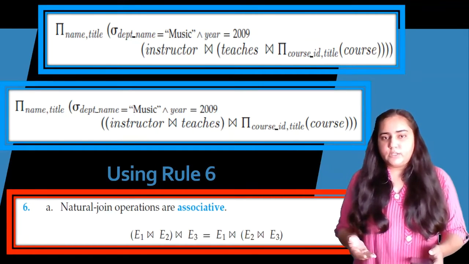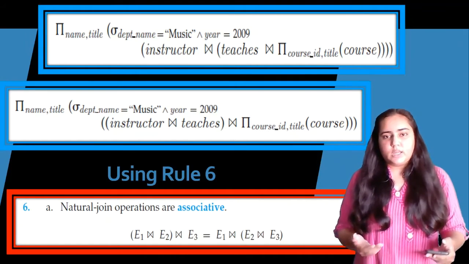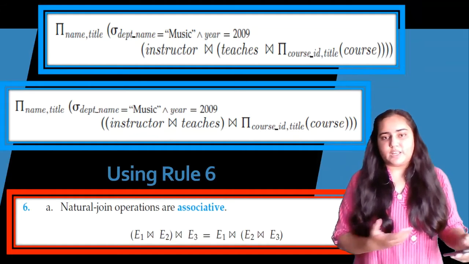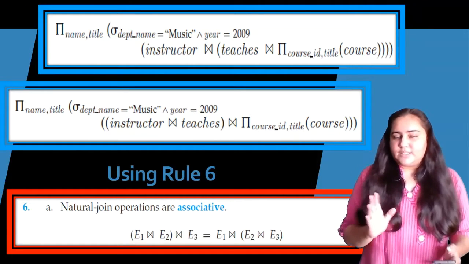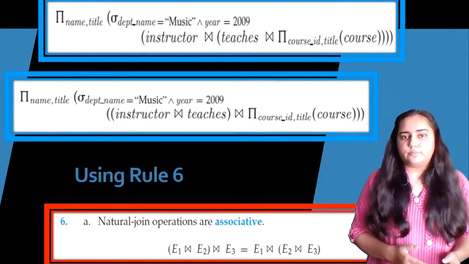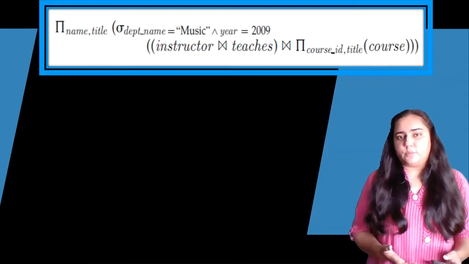Natural join of E1 with E2 first, and then the result of that with E3, is equivalent to performing E2 natural join E3 first, and then the result of that with E1. That's exactly what I've done, and this is what my query looks like now. Now let's proceed further. We can still transform it.